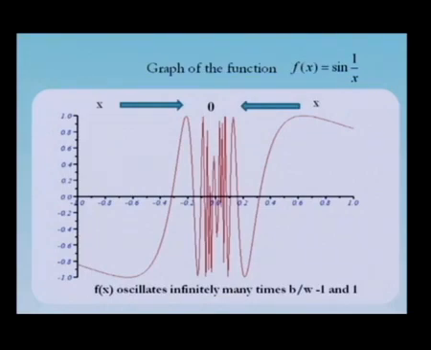Here we see that when x is reaching 0 from left as well as from right, when x is very close to 0, the function oscillates infinitely many times between -1 and 1. So we cannot say that the function is reaching towards some unique number. That's why the function does not have a limit as x tends to 0.